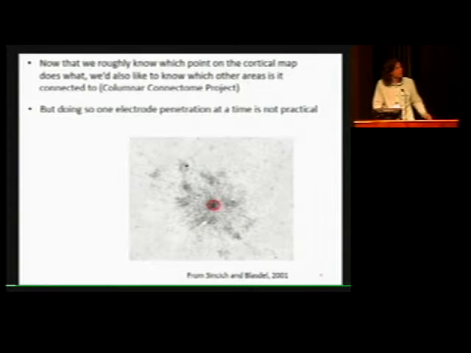For example, here I have an image of an injection of a tracer into the visual cortex, and what we see is that it is connected to multiple other cortical columns. We would like to be able to see these kinds of connectivity patterns in vivo, and doing this with just inserting electrodes would be difficult.